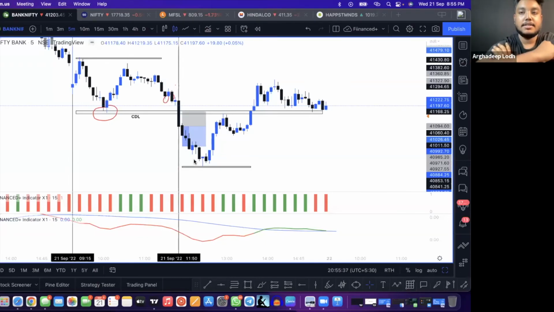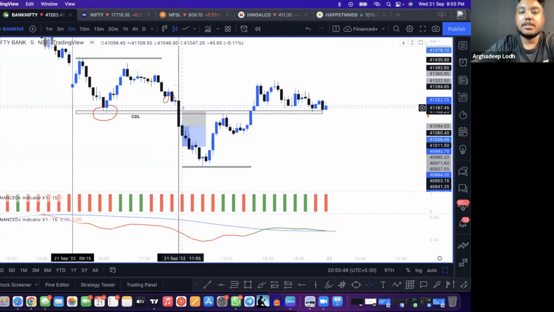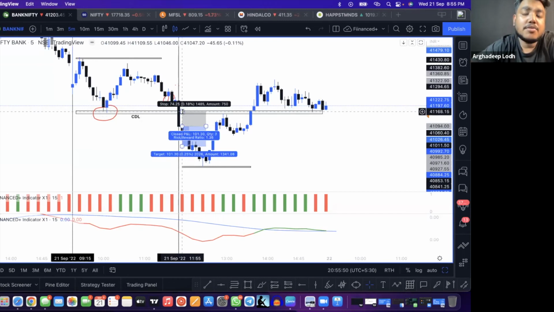Dekho, see here. Here you can see that the logical level, यहाँ पे जो मैंने इस candle के close पे जो trade लिया, the logical level and the, see, I told you, I will always keep the maximum stop loss at 75 points max. I will not keep a stop loss above that.